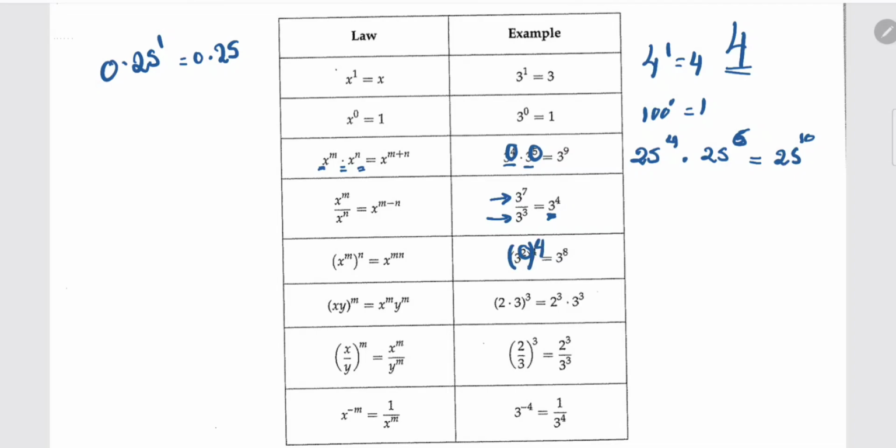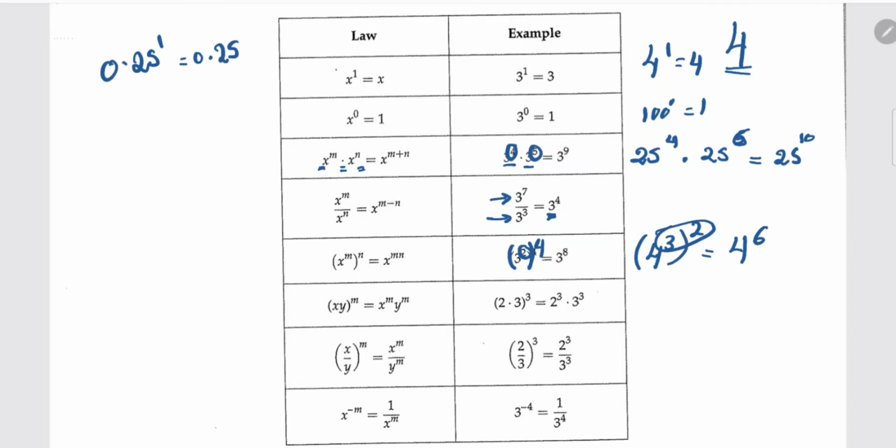I can write it as 3 to the power 2 times 4, which is 8. So it's 3 to the power 8. Another example: 4 to the power 3, all to the power 2. Keep the base and multiply the powers. So 3 times 2 equals 6.